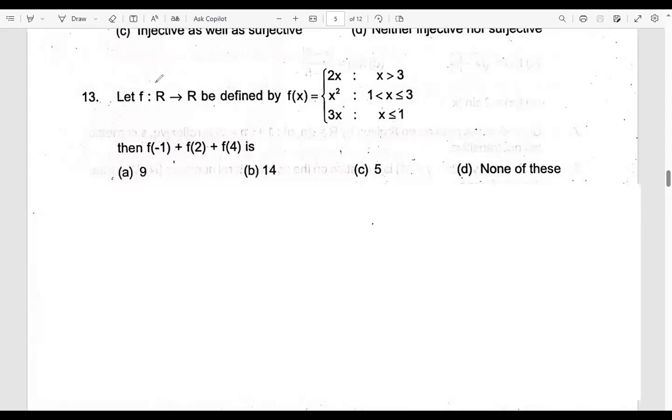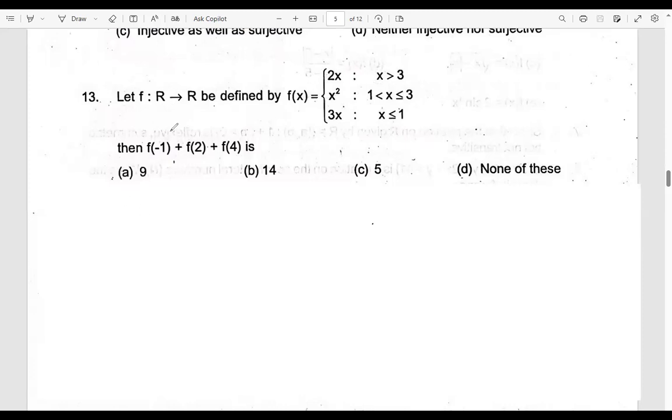In question number 13, there is a function from R to R, and the definition of the function in split format is given. That means for x less than 1, we take 3x, for x greater than 1 but less than or equal to 3, we take this, and for x greater than 3, it's going to be 2x. Now we have to find these values.